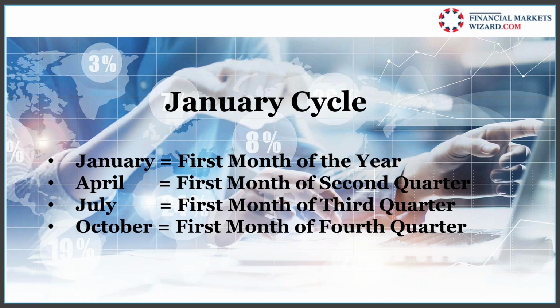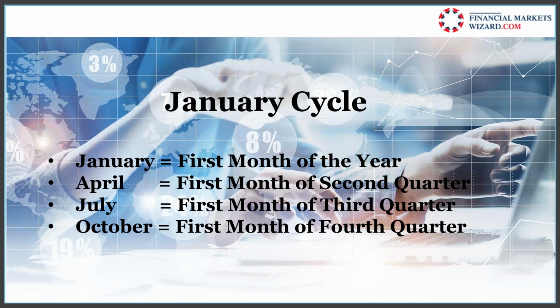Because January is the first month of the year, they say, okay, we will assign the first month of the second quarter, third quarter, and fourth quarter to this stock. So of the 3 cycles, January, February, March, they are the first, second, and third month. And then they say, okay, we will assign the first month of each quarter to that stock.